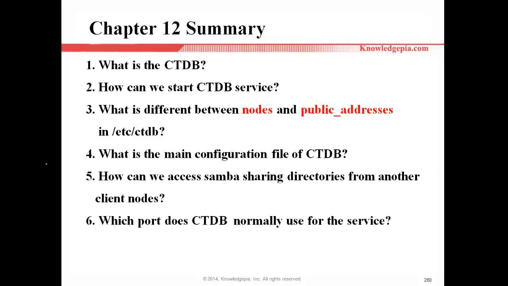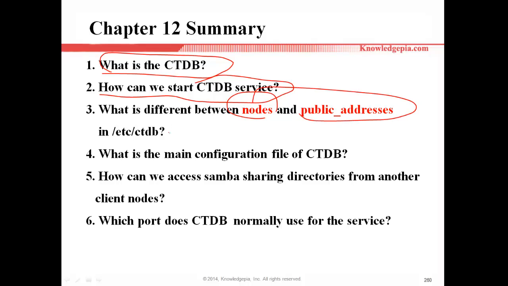So far I have shown you how to use the CTDB service based on Samba. So in chapter 2, please check these questions. Number 1, what is CTDB? Number 2, how can we start the CTDB service? Number 3, what is the difference between the nodes and public addresses in /etc/ctdb?